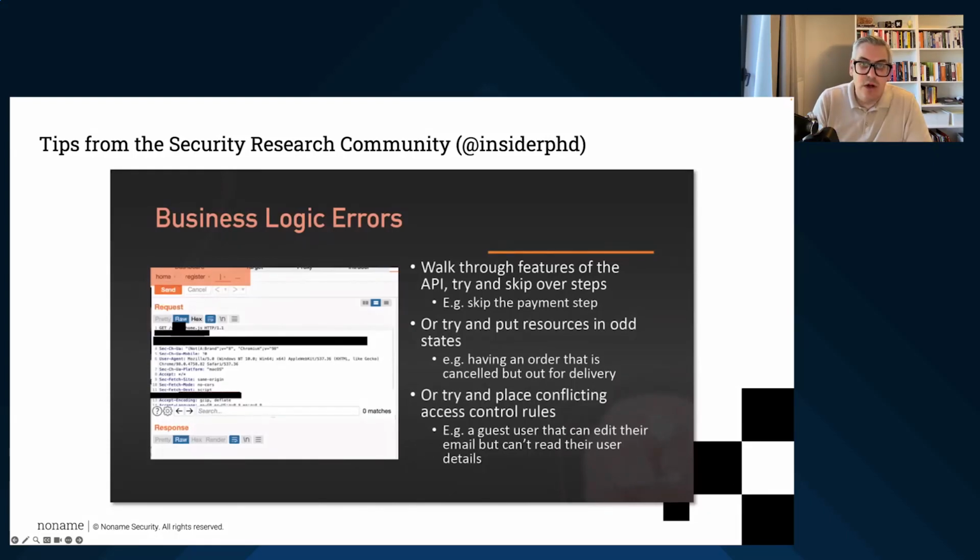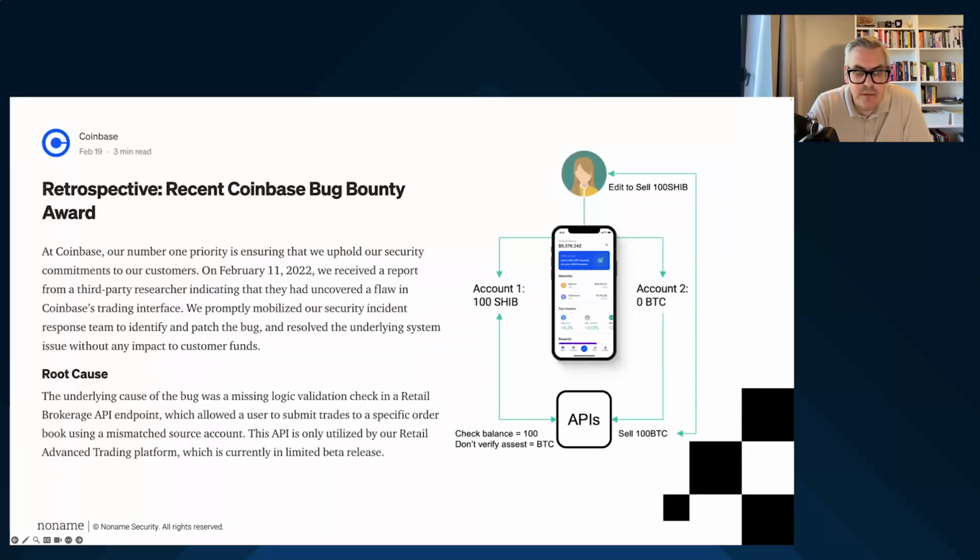One example of such a business logic flow error is this Coinbase issue from a while ago, whereby somebody figured out how to trade cheap coins for the price of expensive crypto coins. So the idea is that these types of issues are much more prevalent than we think. In the case of Coinbase, this was disclosed, right? So this was on the basis of a bug bounty. So as far as we know, it wasn't misused in production.